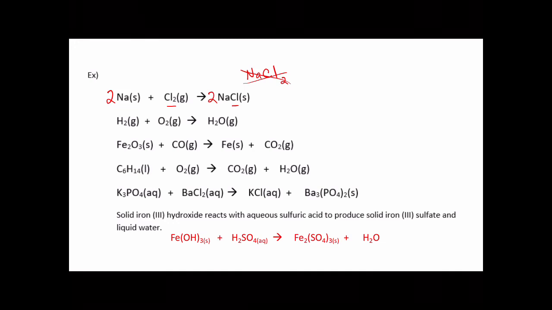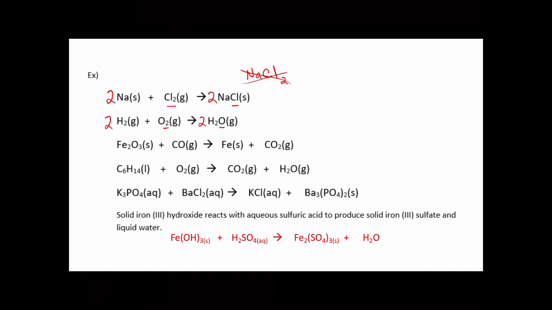Okay. This next equation we actually just did, but we'll go through it anyway. Oxygen's not balanced, so to balance oxygen I need a 2 out in front of water. That gives me 4 hydrogens on the right, so I need 2 out in front of H2 on the left. And then the next one, we'll do one more, and then we'll do the others in class.